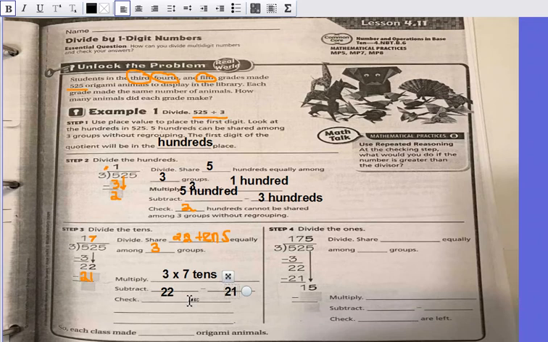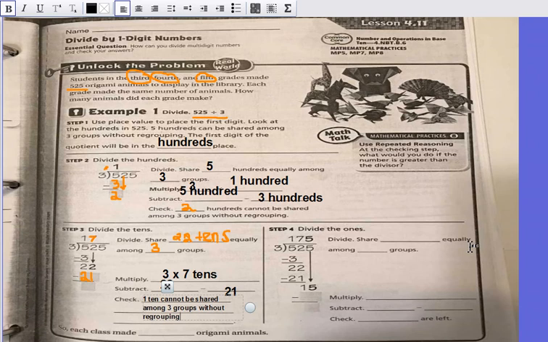And where it says check, we're going to put 1 ten cannot be shared among 3 groups without regrouping. Basically that means we're not quite done yet.